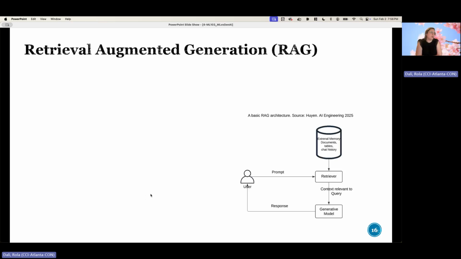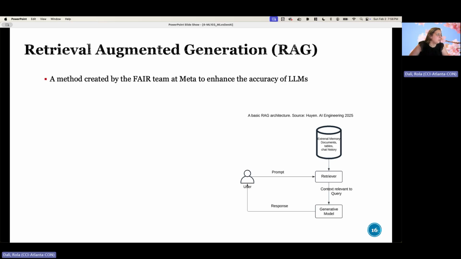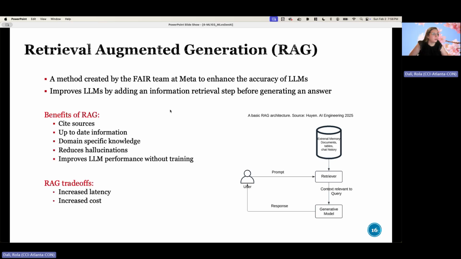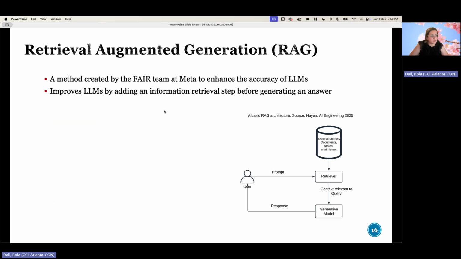Okay, so what is retrieval augmented generation, or RAG? This is a method created by the FAIR team at Meta to enhance the accuracy of an LLM. It improves LLMs by adding an information retrieval step before generating an answer. What we see here is you've got your user, they've got a prompt, this is the question, and you've got an external knowledge base here, and it could be anything.